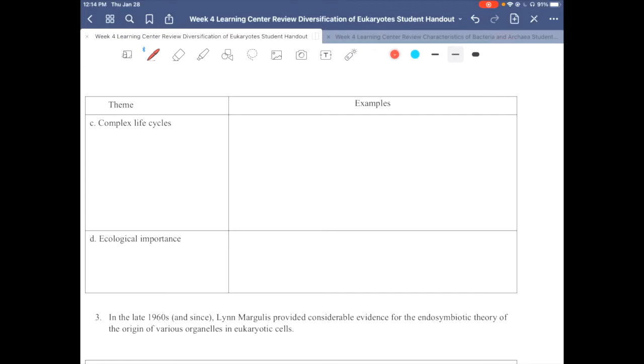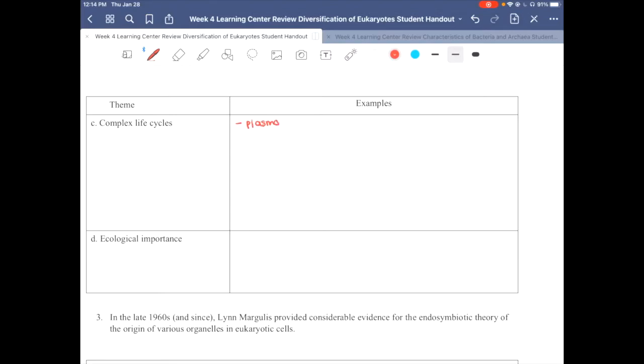Okay, next, we're going to look at their life cycle. So first, we're going to look at Plasmodium. So these have a two-host life history and are also known to cause malaria.